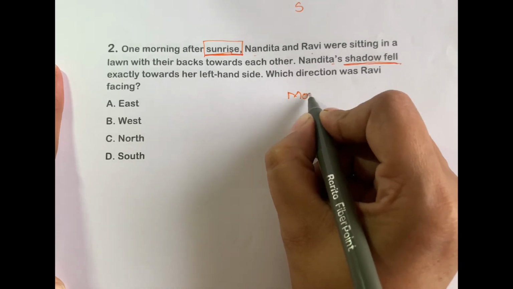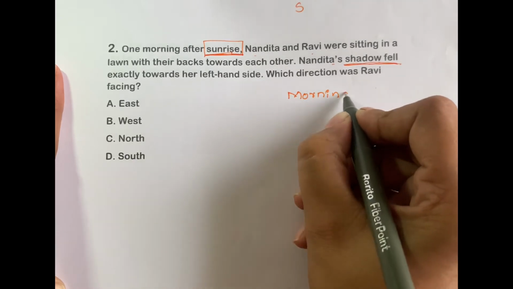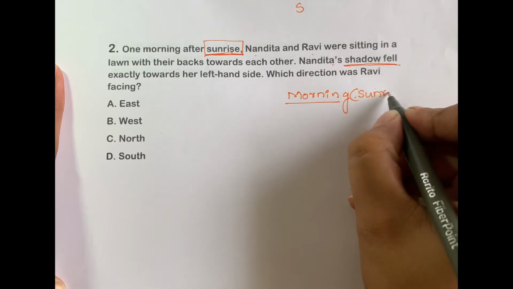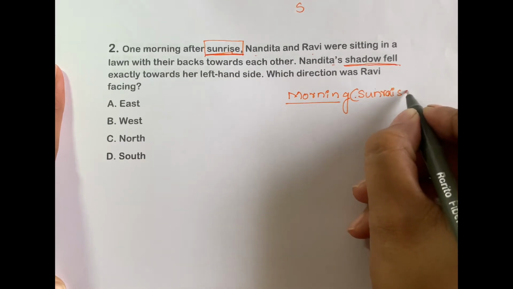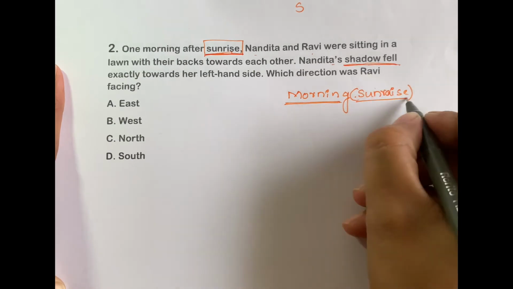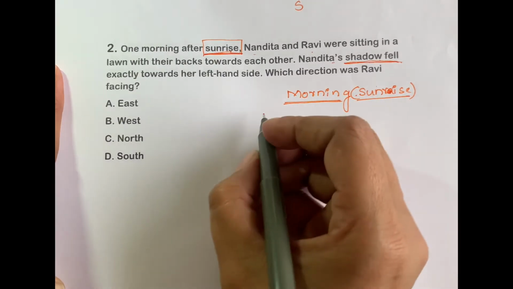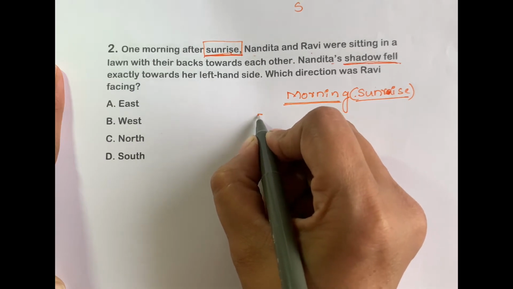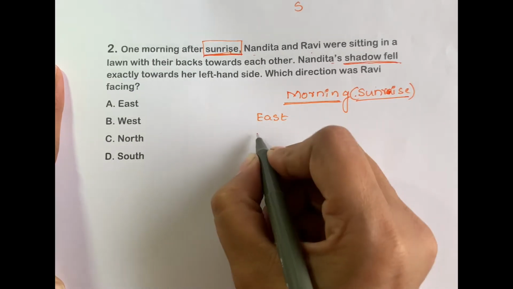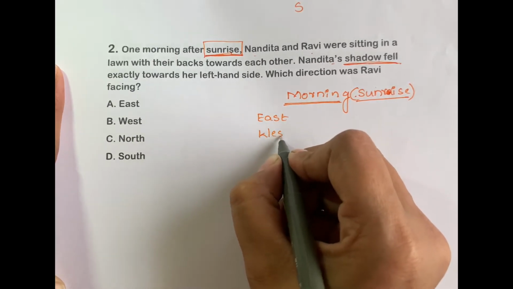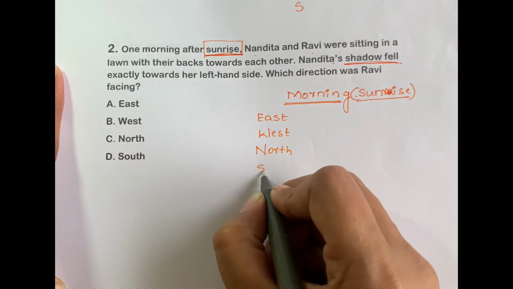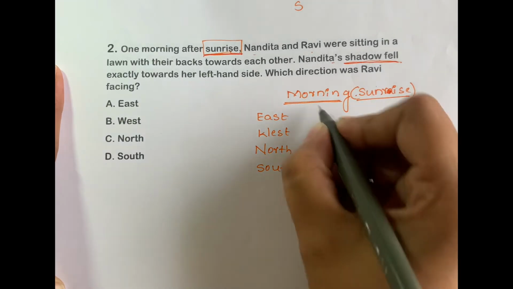If it is morning, and we are speaking about the sun rays, let's write the directions first. East, west, north and south.